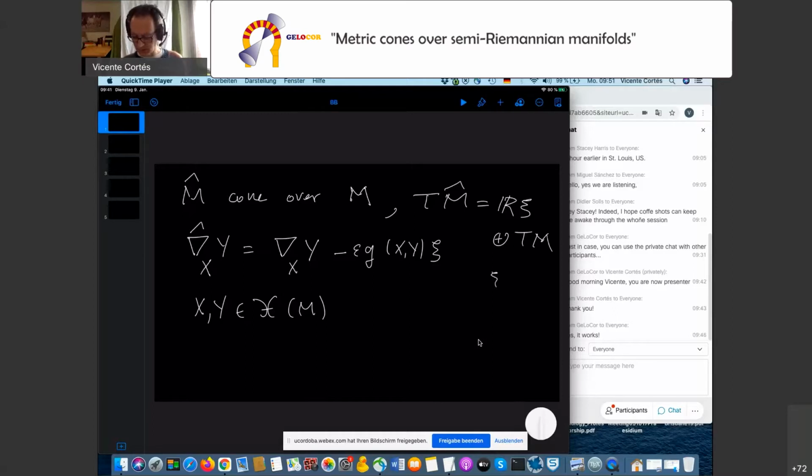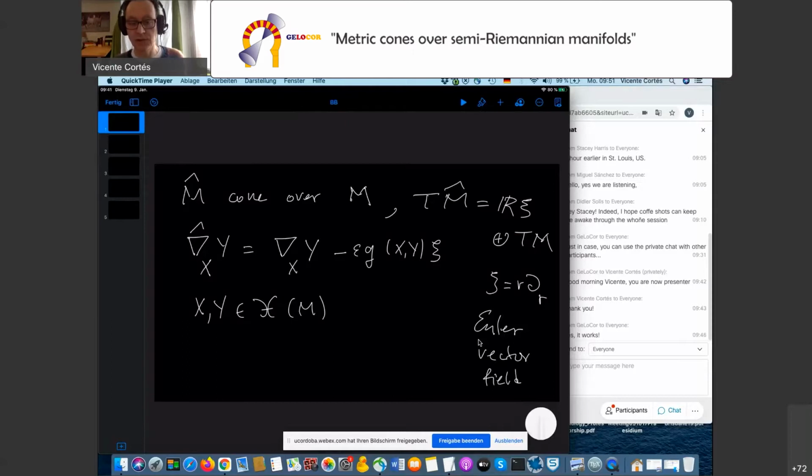So psi is here the Euler vector field, which, if you write the Euclidean space as a cone over the sphere, is just the position vector field. So you have such a splitting, and the covariant derivative of this Euler vector field is exactly the identity.